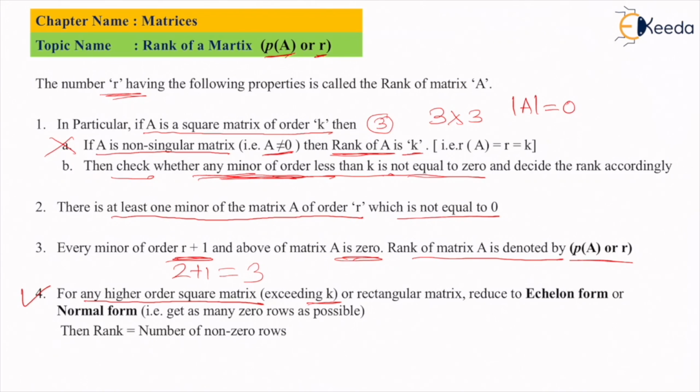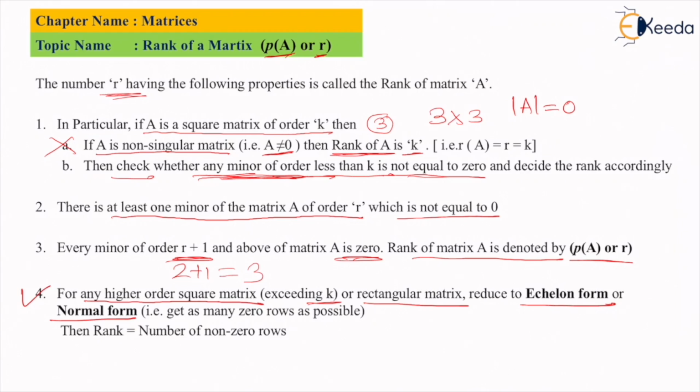So if the order of the matrix is greater than 3, or the given matrix is a rectangular matrix, because guys, for a rectangular matrix we cannot find out the determinant. So that is why for a rectangular matrix point number 4 is recommended, or if the matrix has order greater than 3. In such cases, we should reduce the given matrix to the echelon form or the normal form or the canonical form.